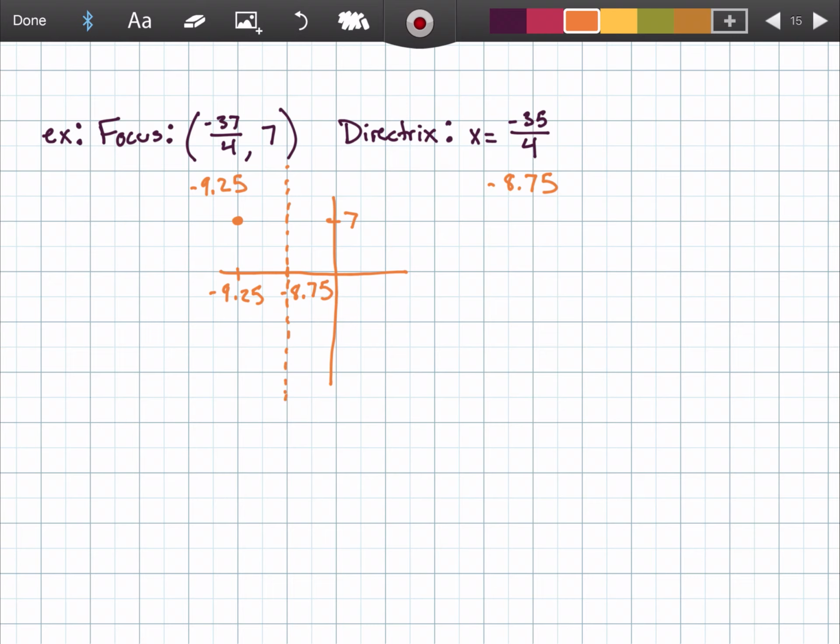There's my directrix. That means the vertex is in there. So this opens to the left again. So we got a negative y squared. Also means my general form is going to be 4p times x minus h equals y minus k quantity squared.